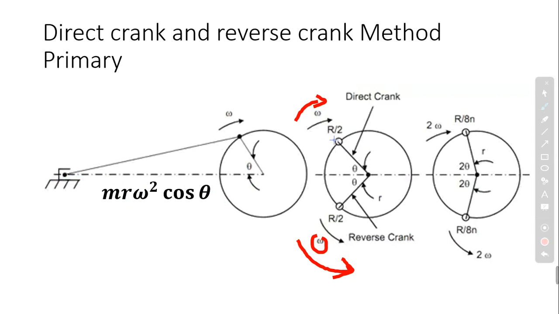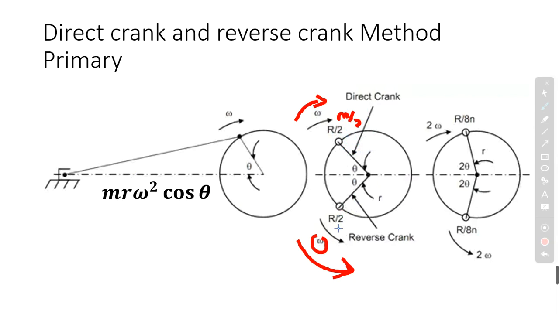And by assuming a direct crank and reverse crank and placing a mass equal to m by 2 at the end of the direct crank and at the end of the reverse crank, we can solve this problem.